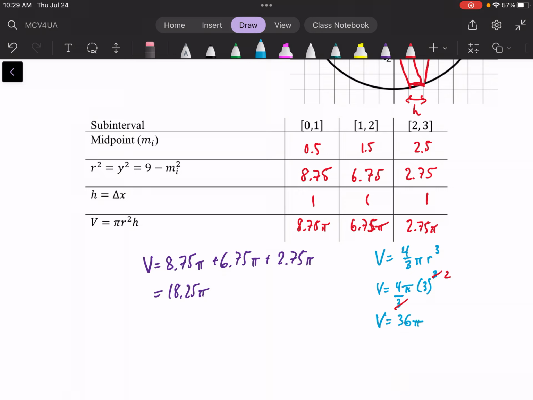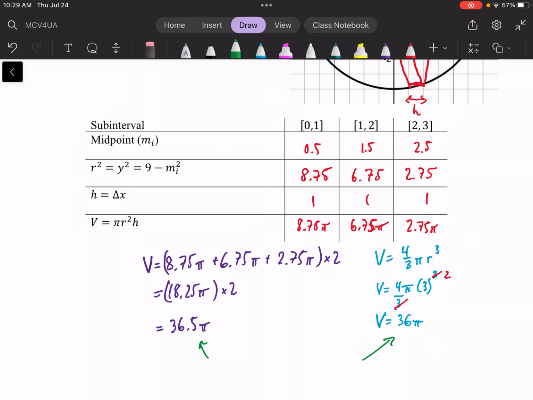Oh, but remember that this value right here, oops, I forgot something. This actual volume I have to multiply by 2. So 18.25 times 2 is 36.5 pi. That's why these values are just slightly different. But they're very close to being the same volume.